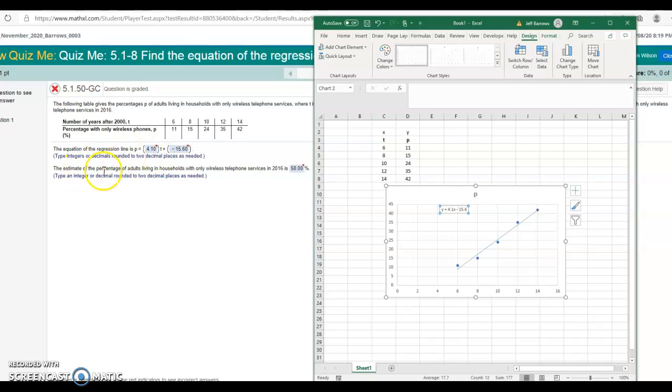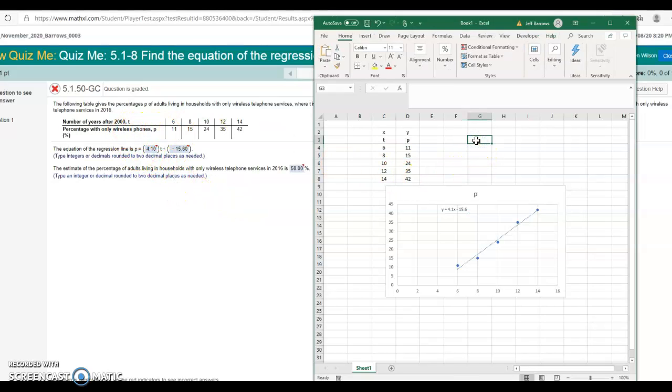Then the estimate of the percentage of adults living in households with only wireless telephone services in 2016. At this point, you want to use this equation: P equals 4.1T minus 15.6. 2016 is 16 years after 2000, so we're going to substitute 16 into this equation and see what the estimated percentage of people using wireless phones would be.